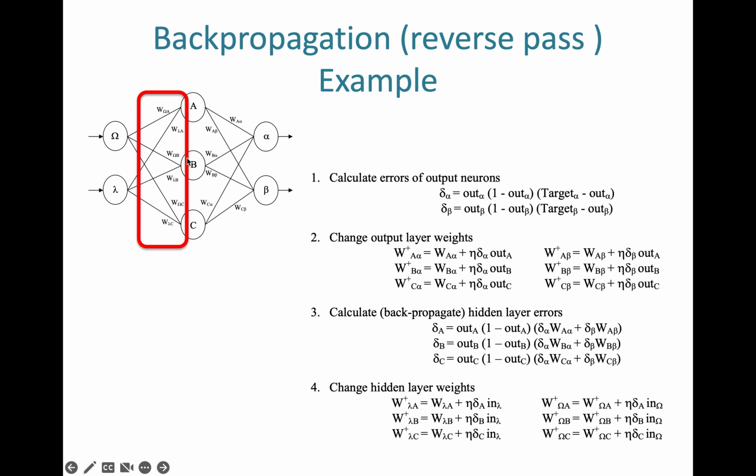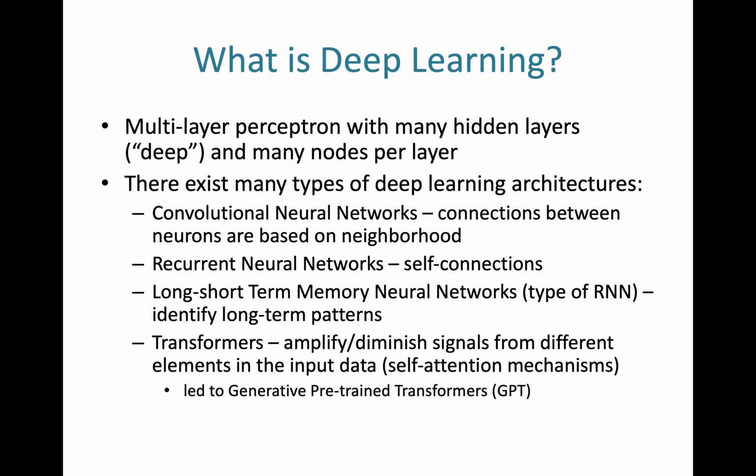Whenever you have a neuron, you have basically connections from every single neuron in the previous layer, and all neurons are connected to all of the other neurons. What convolutional neural networks do is that the neurons are not fully connected among themselves, and it's based on neighborhood. So a given neuron will be connected only to other neurons that are nearby. And this is a method that has been successfully used to do image processing.